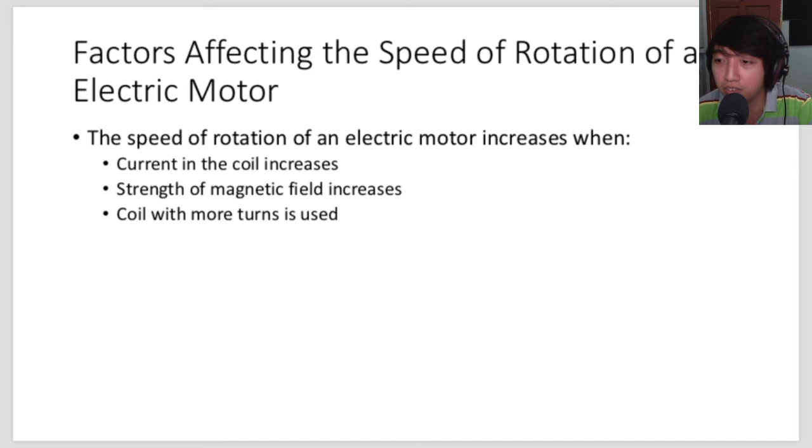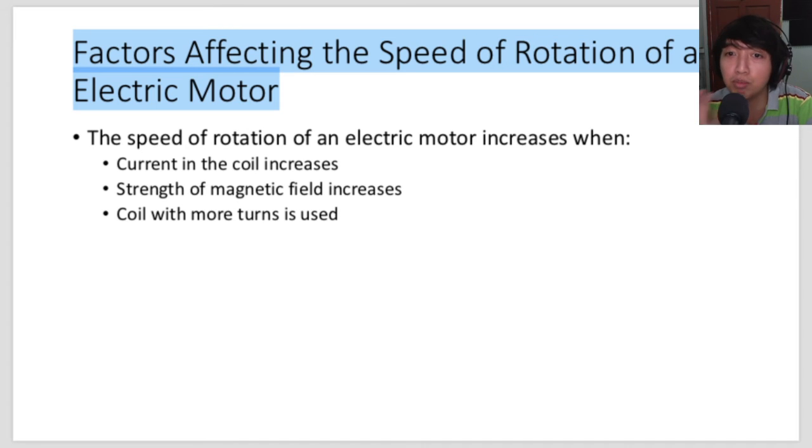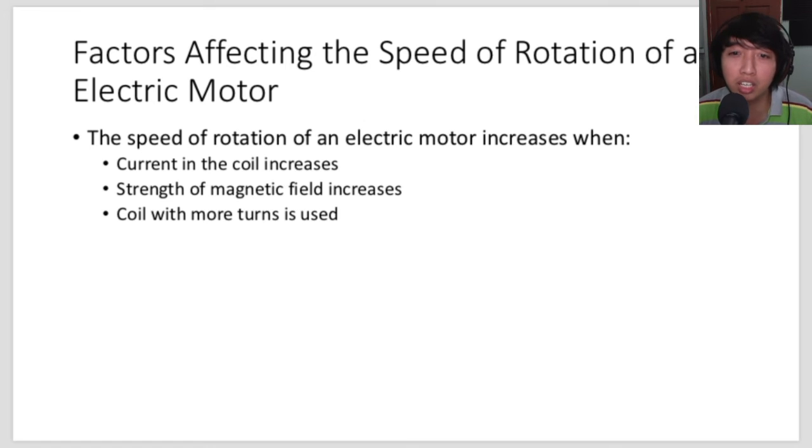Before I go into the types of designs, factors affecting the speed of rotation of an electric motor. I think it's pretty obvious. The speed of rotation of an electric motor increases when, one, you increase the power. More power means more speed. Again, the strength of the magnetic field increases, which is almost the same thing because increasing the current also increases magnetic field strength.